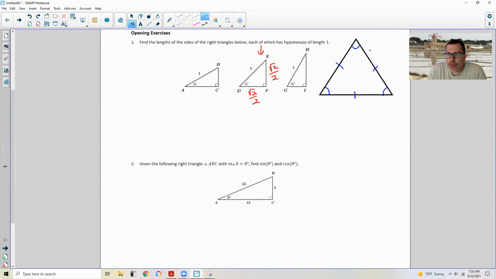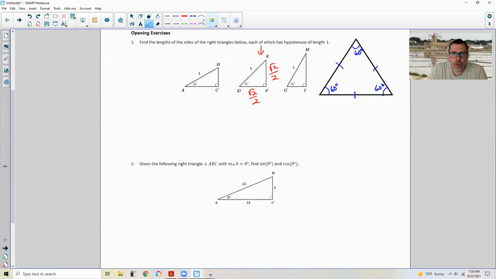By the triangle sum theorem, the angles add up to 180 degrees, so 180 divided by 3 means each angle is 60 degrees. That's what we're going to start with.